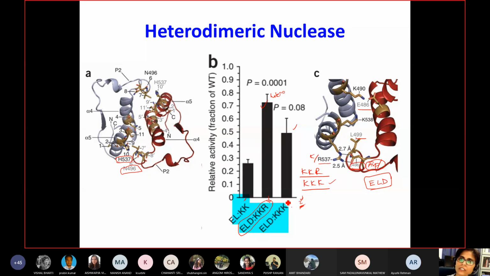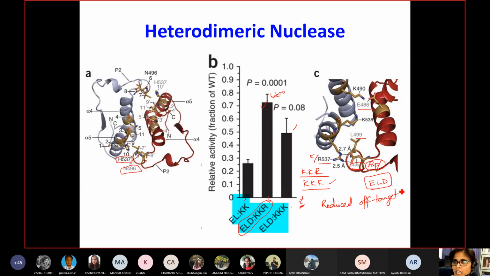With this, they are overcoming the issue of homodimerization, and now only obligate heterodimers are produced, and based on this you have very much reduced off-target effects.